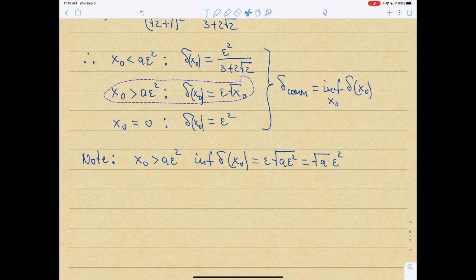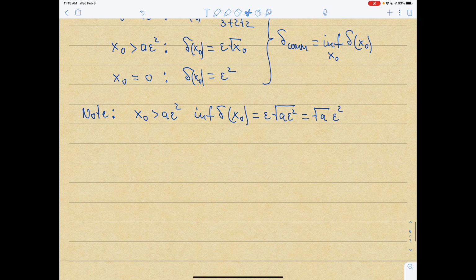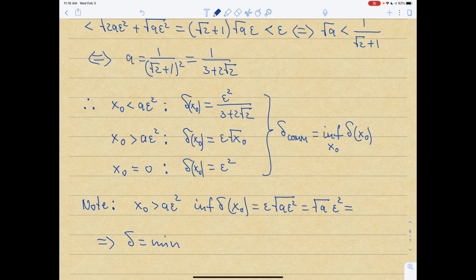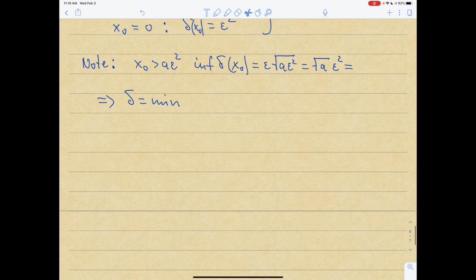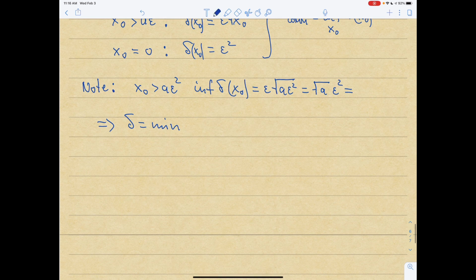And then I have to choose the smallest out of three numbers. This one here, this one, and that one. So delta is equal to the minimum. And by the way, square root of a is 1 over square root of 2 plus 1, right? So this is 1 over square root of 2 plus 1 times epsilon.